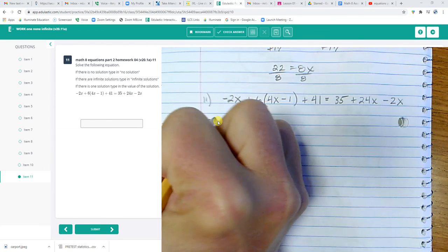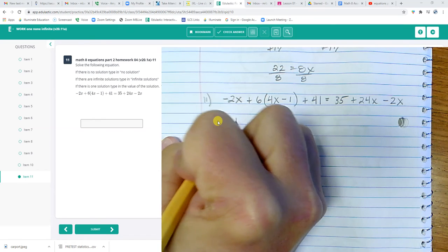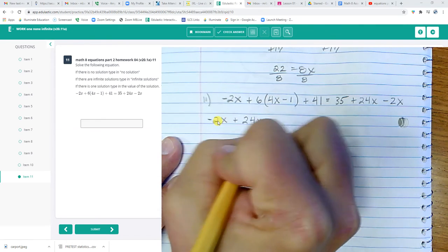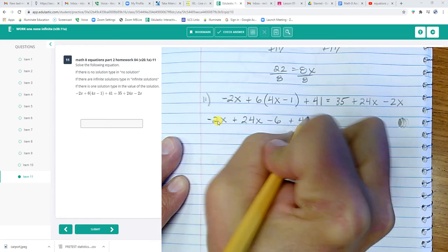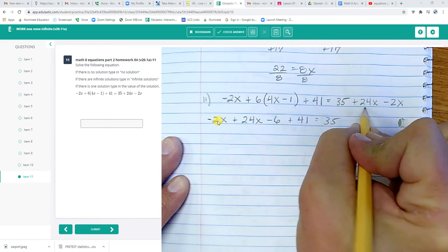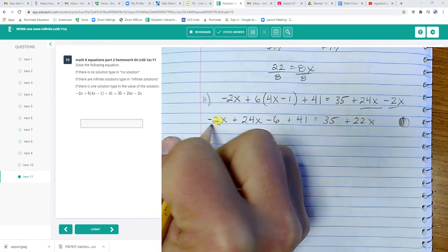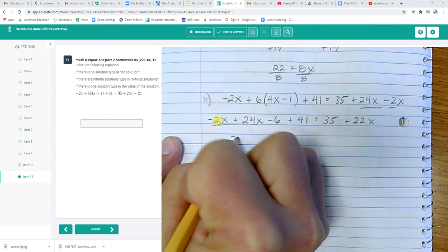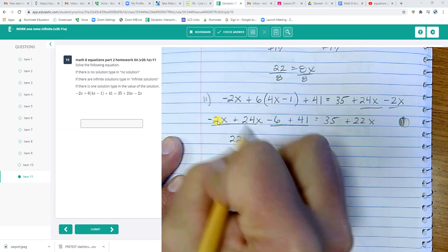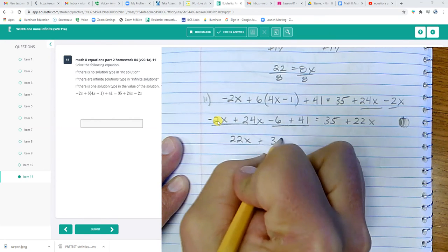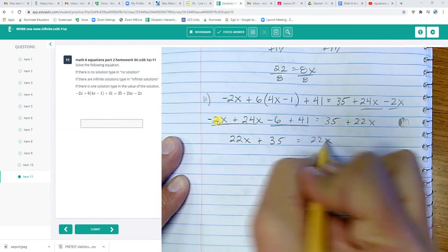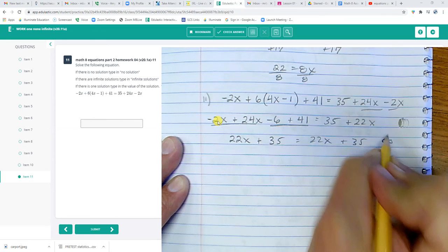A little distribution, so 2x plus 24x minus 6 plus 41 equals 35, a little combining of like terms, plus 22x. Combining like terms, 22x plus 35 equals 22x plus 35, which tells me there are infinite solutions.